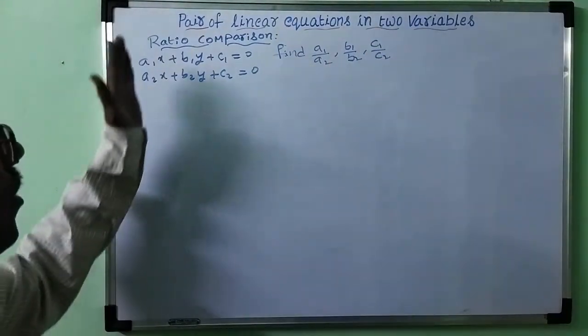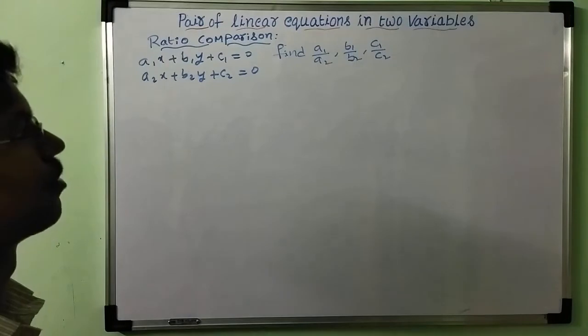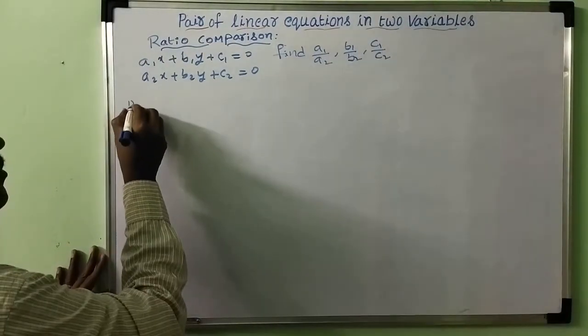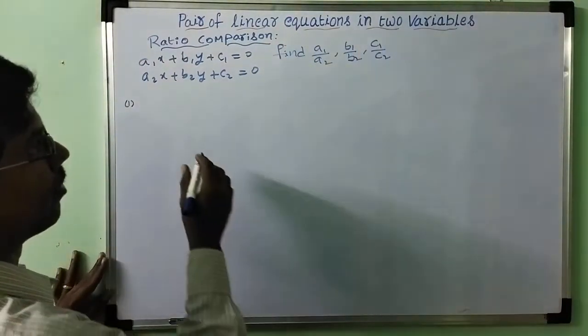Find the ratios of corresponding coefficients of the variables and then check whether they are equal or not.